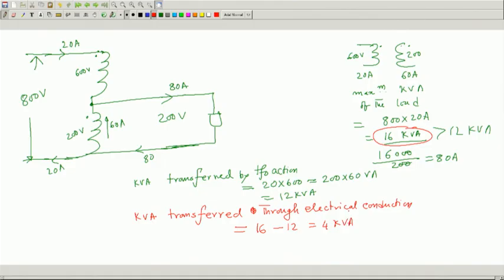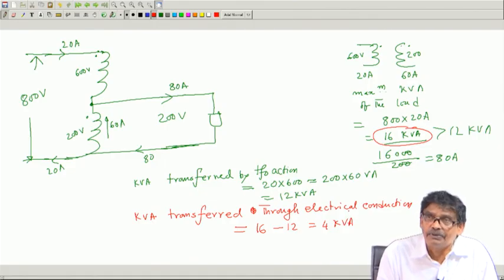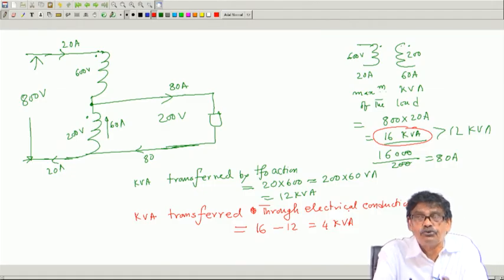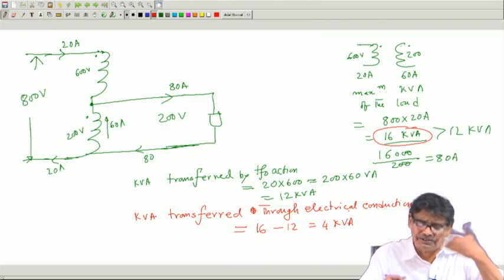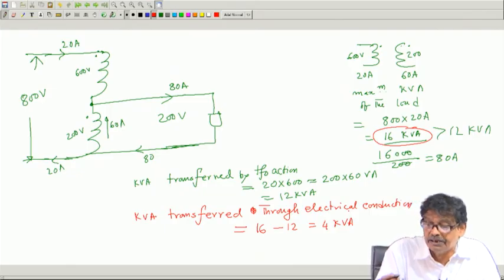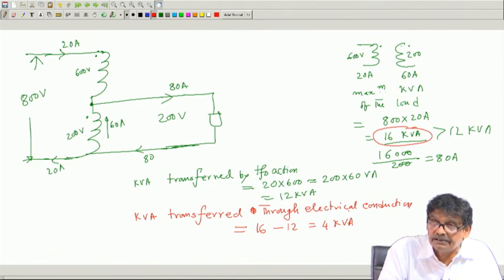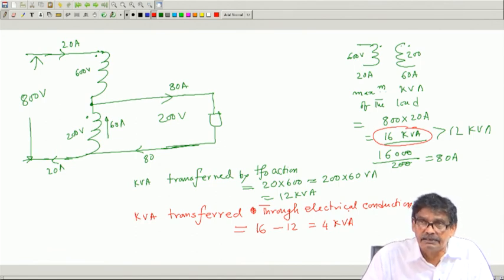Therefore, I will request you, you try several combinations of connecting these two coils in series, apply voltage, stepping up, stepping down. It may so happen that your dot is here, this dot is there. So, I leave that as an exercise and find it out.